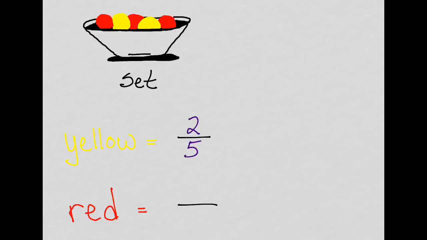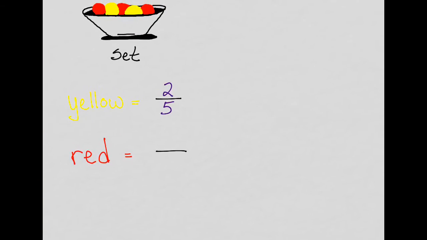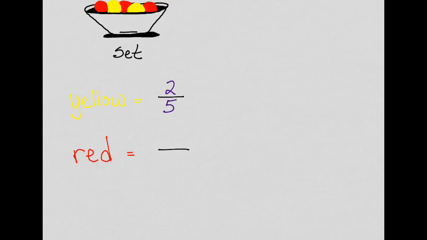Okay. Now we're going to tell how many pieces out of the whole are red. Or you could hear it phrased like, how much is red? So let's see. How many pieces total are there? How many pieces of fruit? Okay, we know there are 5 in the bowl. That's our bottom number.